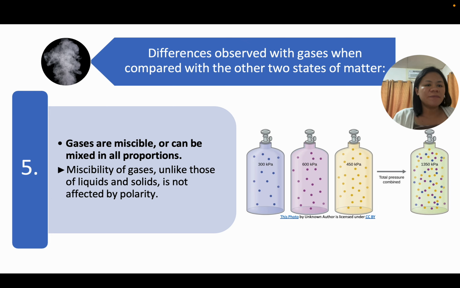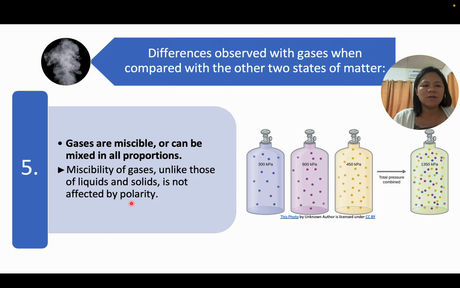Next, gases are miscible or can be mixed in all proportions. For example, we have blue, red, and yellow gases. They can be transferred into the same size container and they just mix well with each other.